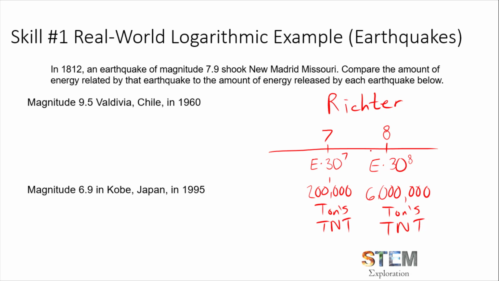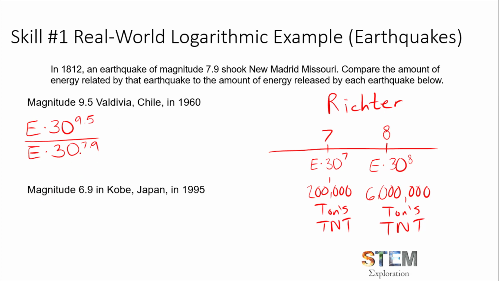So as I was saying over here with the Richter scale, if you want to know how much more powerful one earthquake is over the other, we can take the energy multiplied by the factor for earthquakes, and we can say 9.5, and divide that by the energy times the multiplier to the 7.9 power.